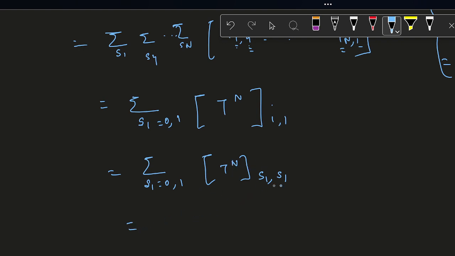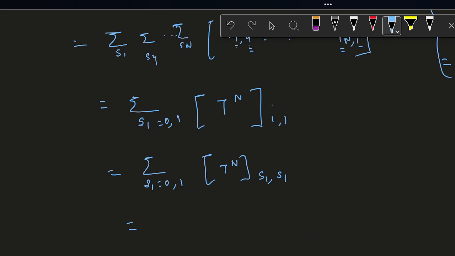Trace means the sum of the diagonal elements. So let's say if you have the matrix T to the power n something like this, where you have 4 elements like this. So trace means you have to take the 2 diagonal elements and take the summation of it, because you have been asked to get the element of S1 comma S1.